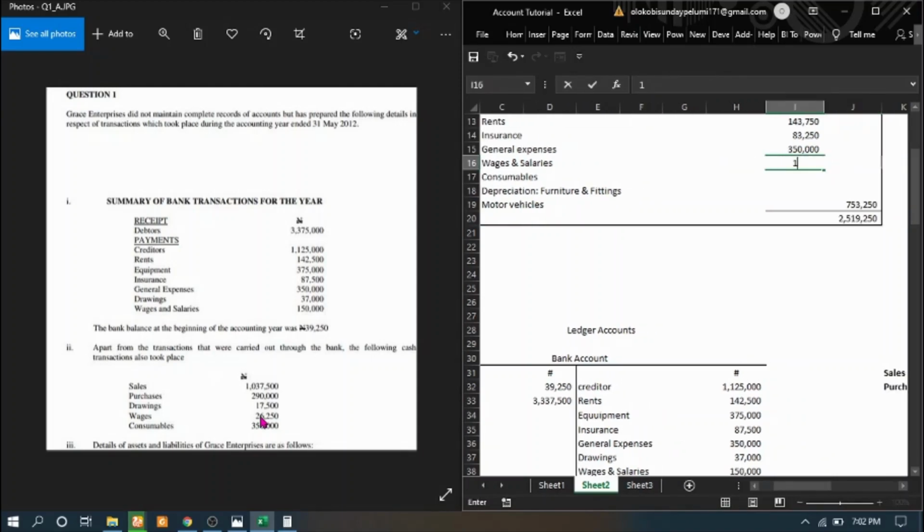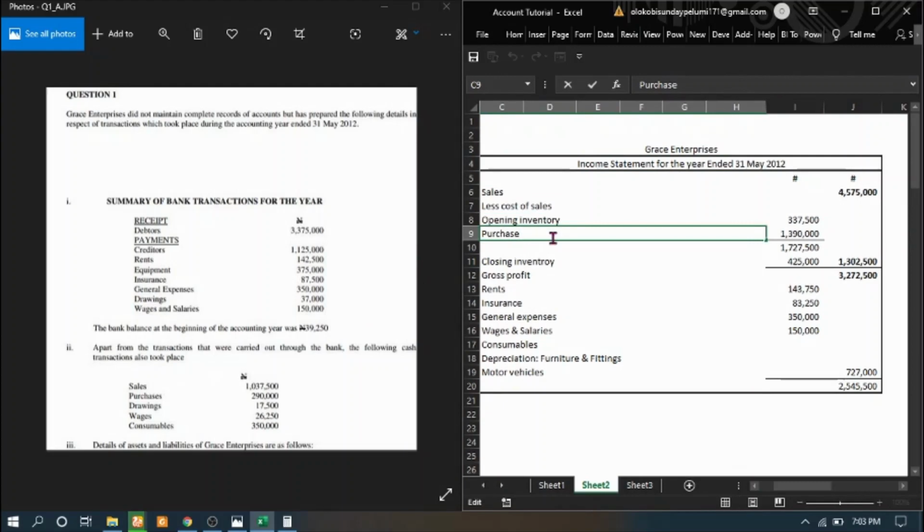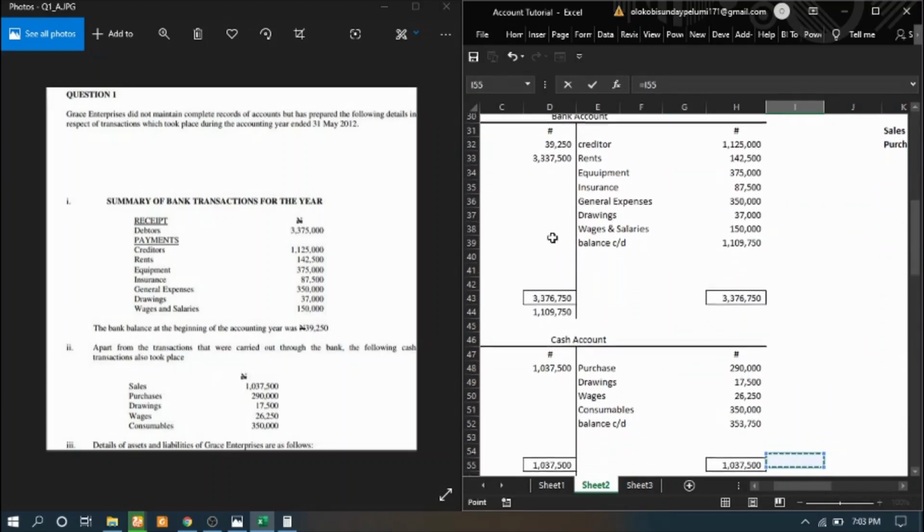But let's do it this way. Wages is a direct expense. It should be part of purchases and wages. Don't mind my manners, since it's standalone. If it's not standalone, we need to sum wages and purchases together.